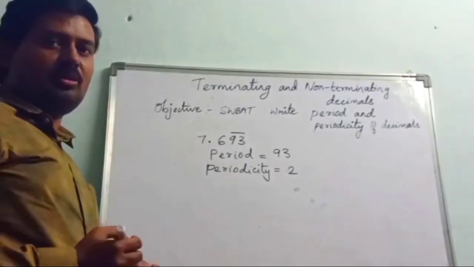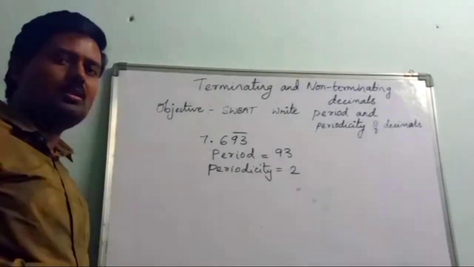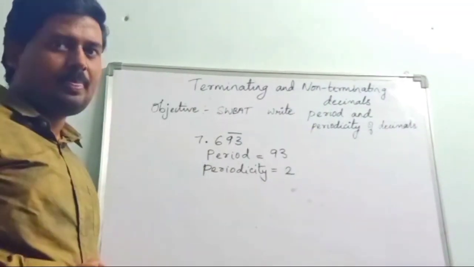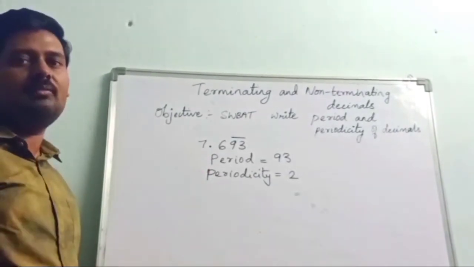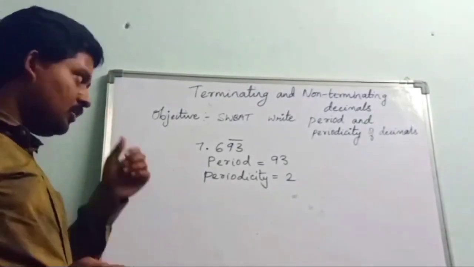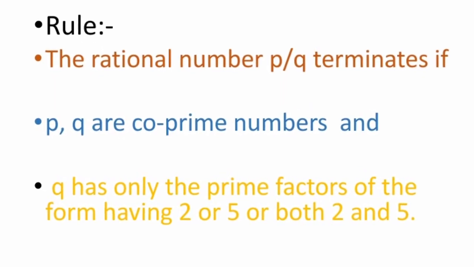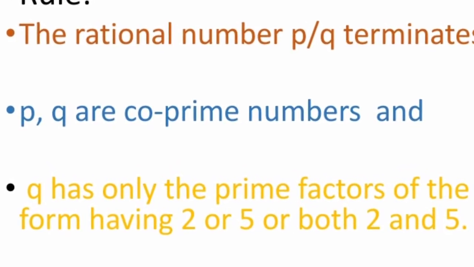Now there is one more small rule with which we can tell whether it is a terminating decimal or a non-terminating decimal without actually dividing the number. What is that? We will try to see it. The rule says the rational number p by q terminates if p and q are coprime numbers.